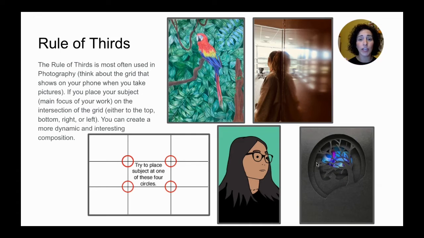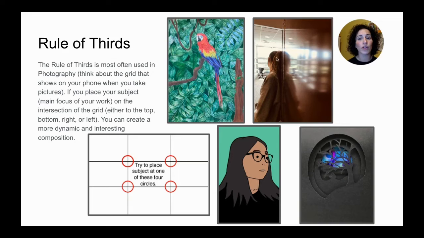They have their subject either anchored to the top or the bottom, or it's anchored to the left or the right. So for example, if I were to take those imaginary grid marks and divide that into thirds both horizontally and vertically, where the parrot is looking is that upper third area.